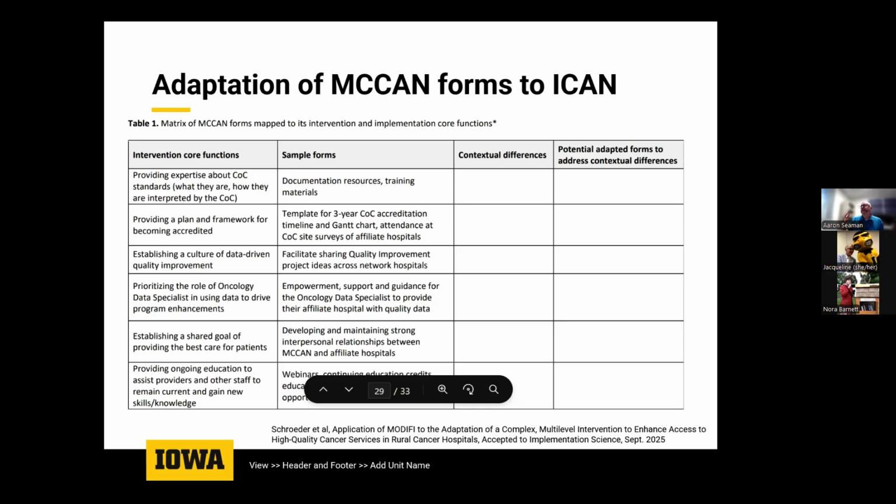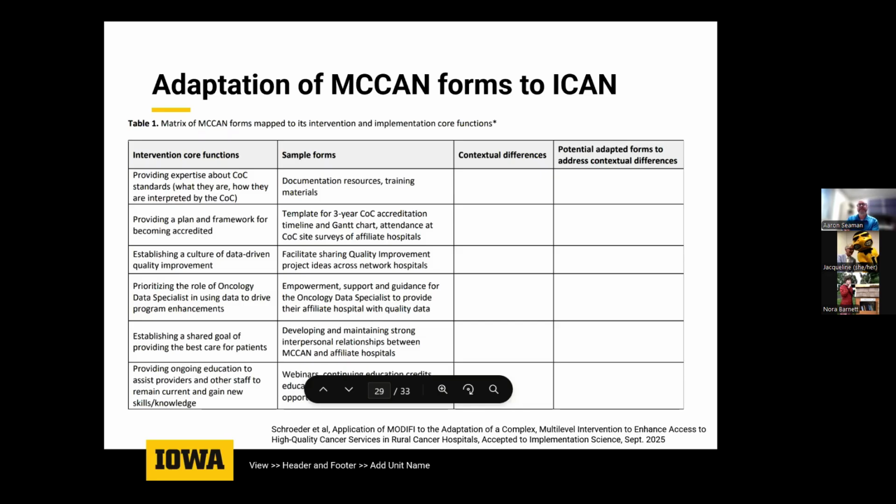And then different forms or strategies of intervention that those could take in that second column. And then we started to think in terms of moving across those columns to bring the intervention to Iowa.